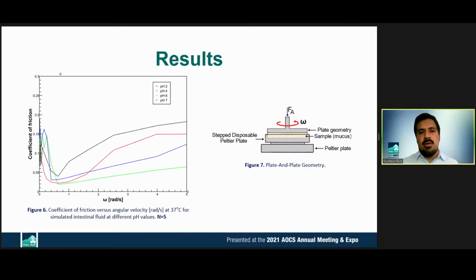The function of mucus here is more to protect. But at pH 6 and 7, the mucus exhibits the lowest coefficient of friction because it's more lubricant. That's why it's a very good thing to understand these kinds of conditions.